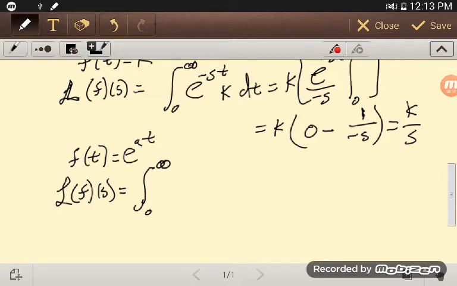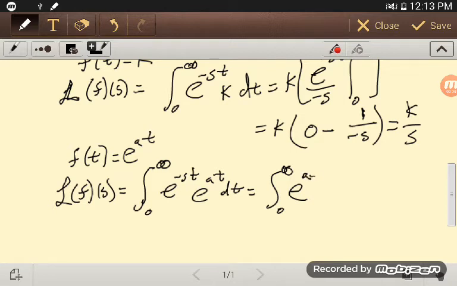But here we are doing calculus, and so I have the integral from 0 to infinity, so we have our e to the minus st times e to the at dt. Well, I can simplify this a little bit and say that that's the integral from 0 to infinity of e to the a minus s, all times t, dt, right?